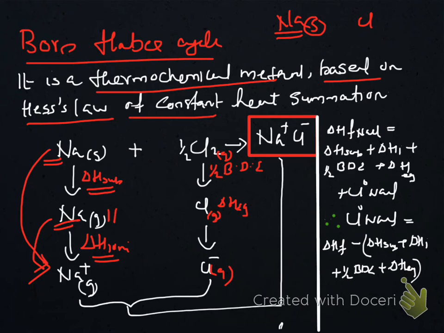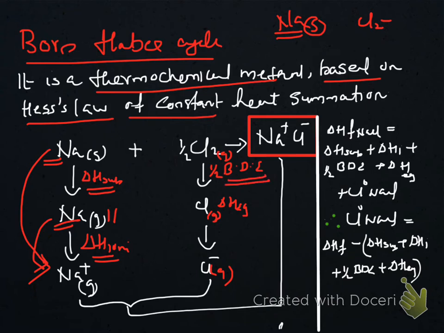In parallel, in the case of chlorine, we are considering half Cl2. Cl2 is bonded, but we need chlorine atoms, so the bond is to be cleaved or dissociated. So we have to spend bond dissociation energy.